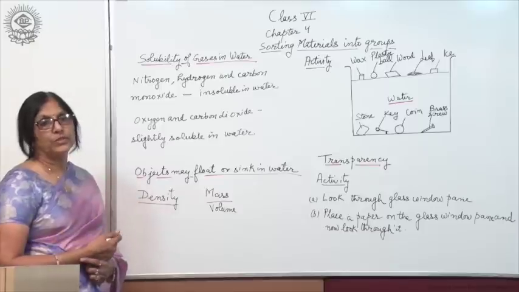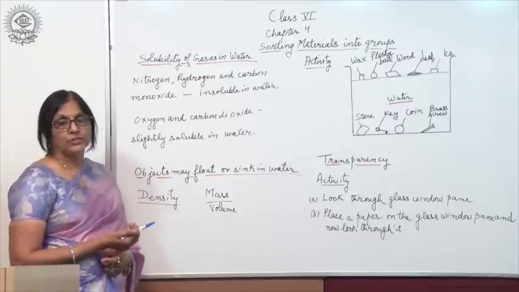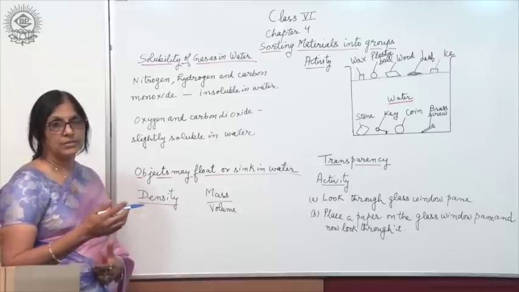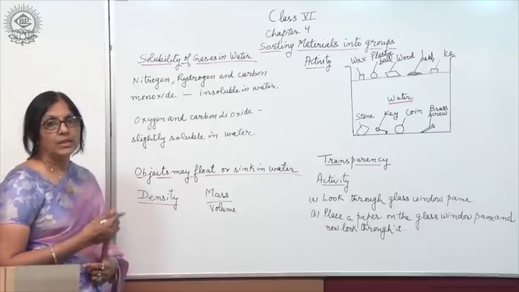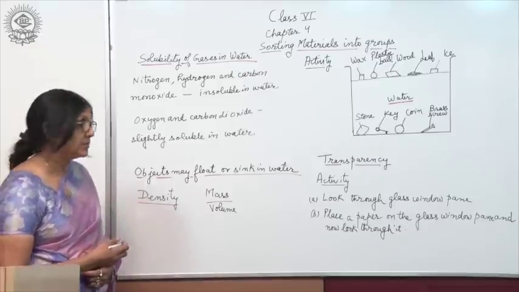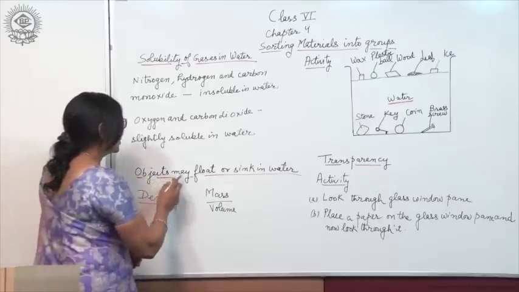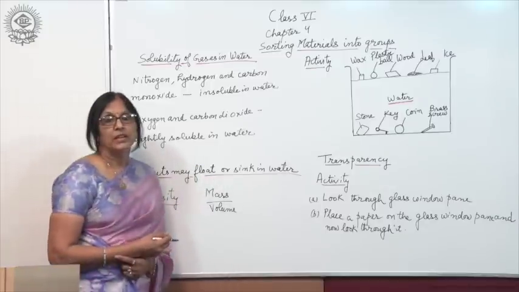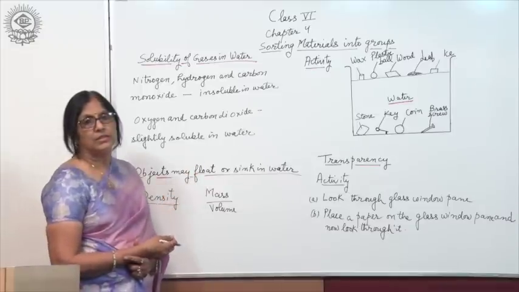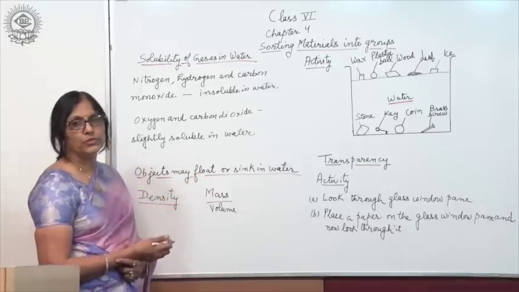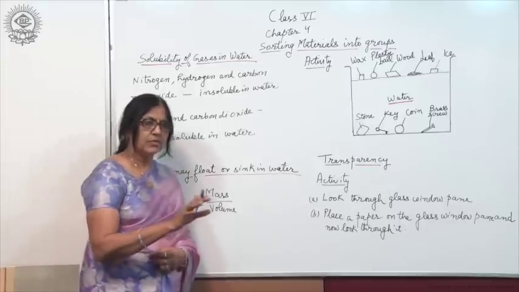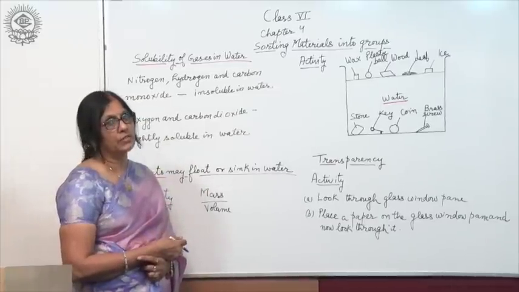So, on the basis of solubility of solids, liquids and gases in water, they can be classified. Another property on the basis of which materials can be classified is whether the objects will float or sink in water. Let us first see a very simple activity which you also can perform at home by collecting whatever objects are easily available to you.